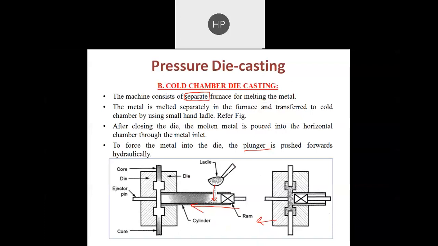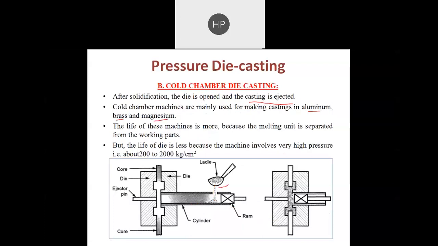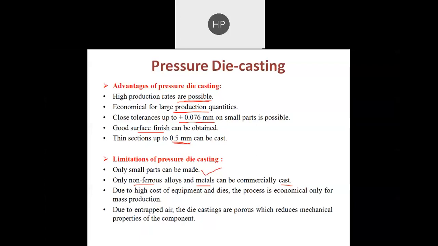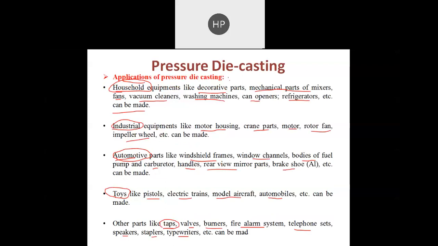Then we talked about cold chamber die casting, in which we have a separate furnace, and it is useful for aluminum, brass, magnesium and such types of metals. It has certain advantages, limitations and applications. So this is all about pressure die casting.